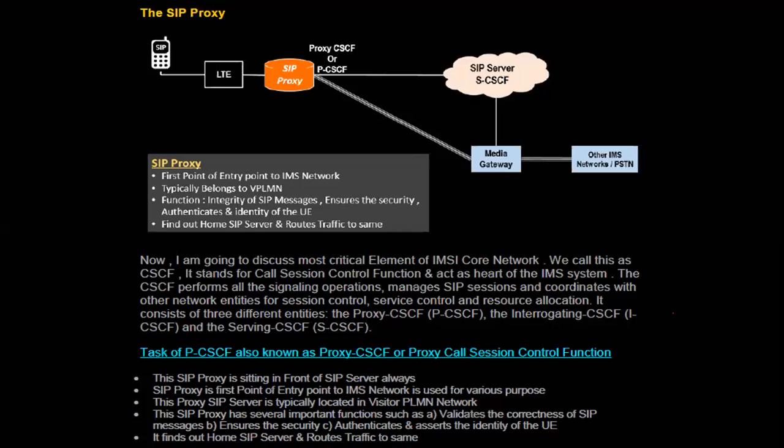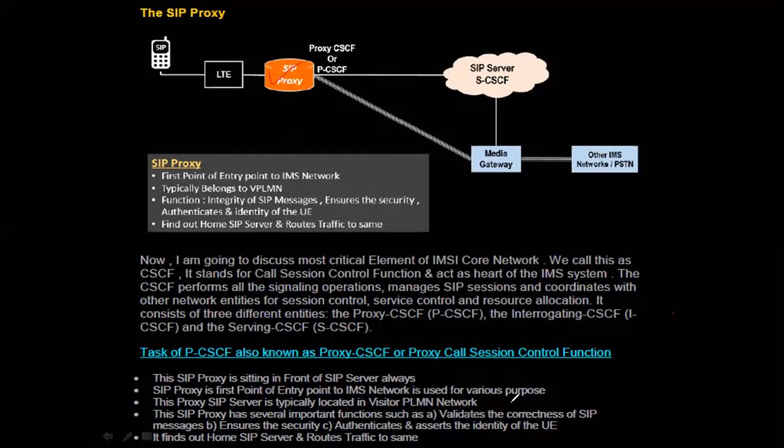What is the main function of a P-CSCF? This SIP proxy sits in front of the SIP server. Here you can see, from the LTE core network, S-gateway, P-gateway, your SIP proxy sits here. The SIP proxy is the first entry point to the IMS network.